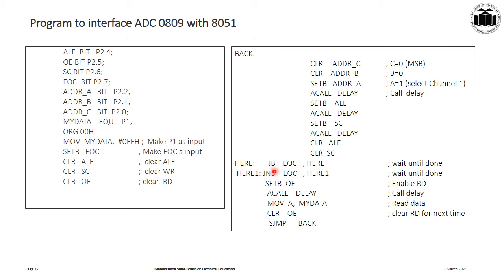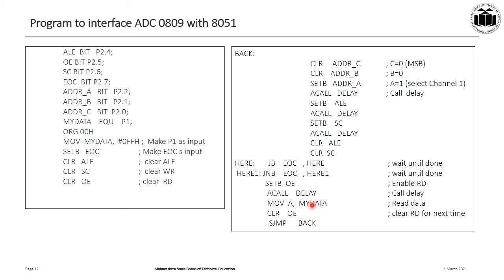Now we will keep monitoring the EOC till the conversion is done. EOC was set here, so once EOC becomes low, that means conversion is over. Then OE is set to fetch the data from the chip to the microcontroller.